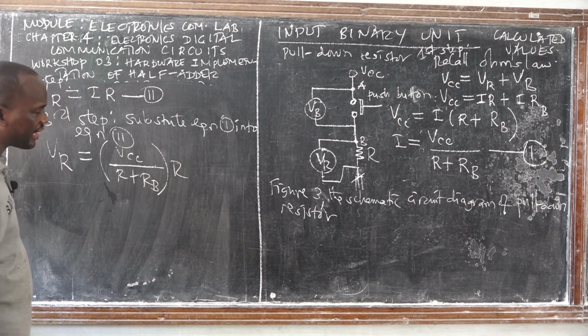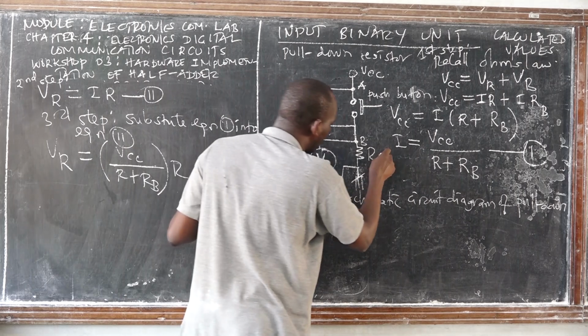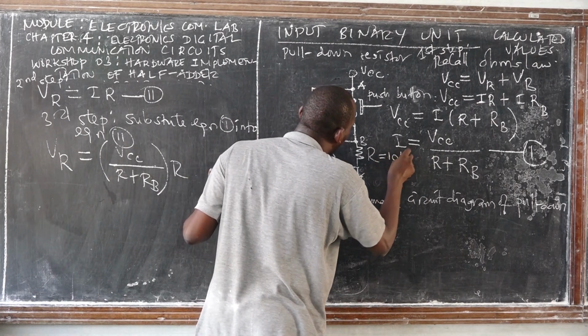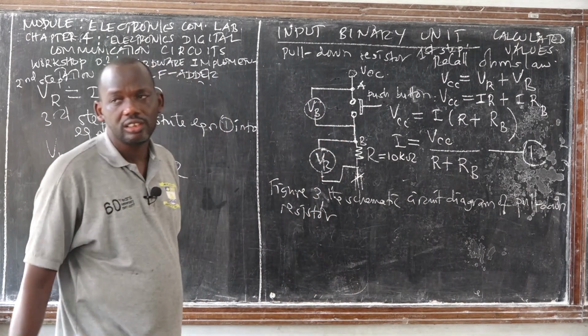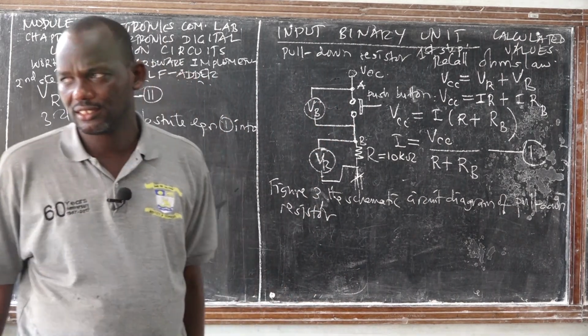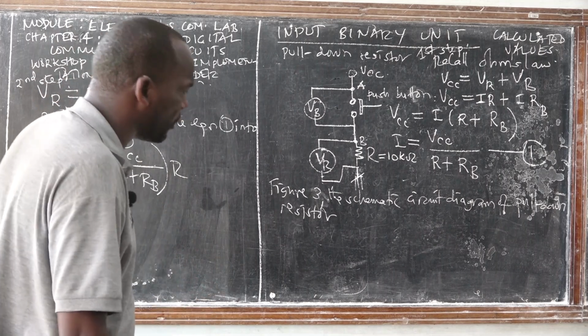In most cases, for the pull-up resistor, we use 10 kilo ohm, 5 kilo ohm or 1 kilo ohm. 10 kilo ohms is commonly used.